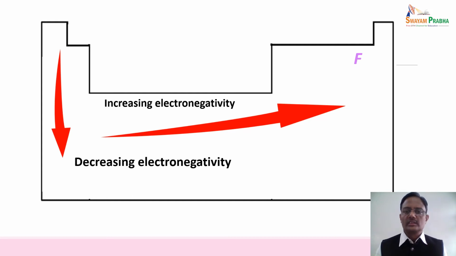The effect of this is that the most electronegative element lies on the top right corner of the periodic table, which is fluorine, and the element with lowest electronegativity lies on the left bottom of the periodic table, which is cesium, leaving behind francium and all the radioactive elements and a noble gas on this side. These are the two elements which show extreme electronegativity values.